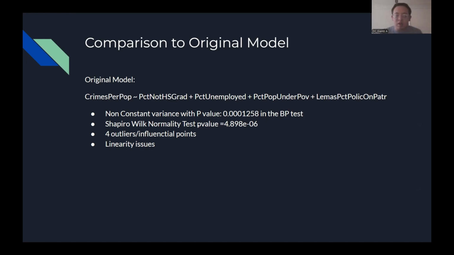Comparing this original model to our final model, we can see that the p-values for the original model are a lot lower for both the non-constant variance and the normality of errors. Also, the number of outliers for the original model is a lot lower in this case.